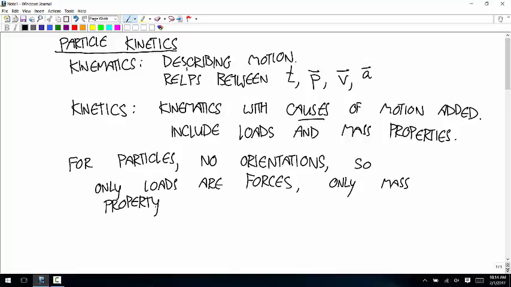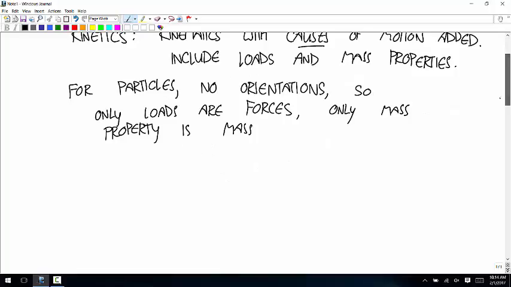There's no moment of inertia. And the only equation of motion is Newton's second law.